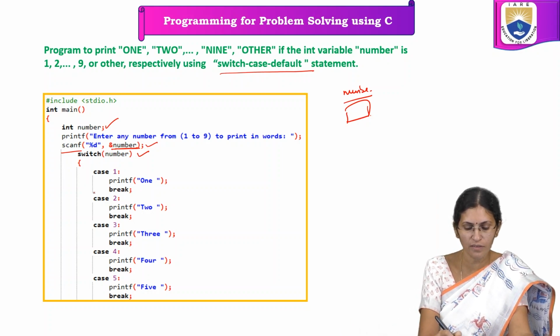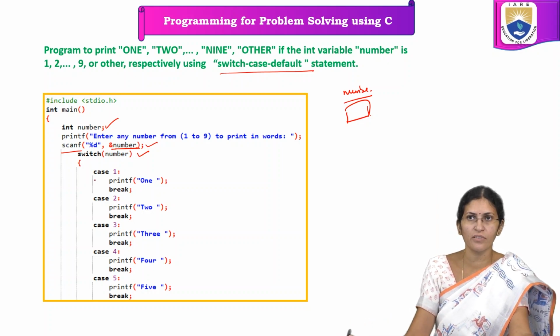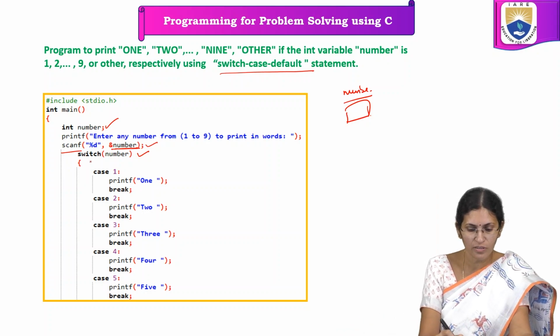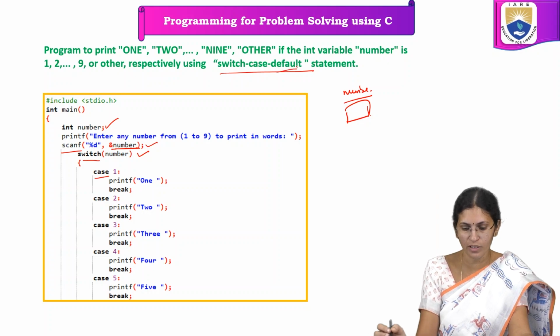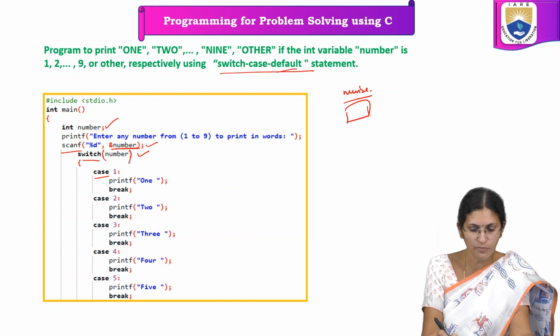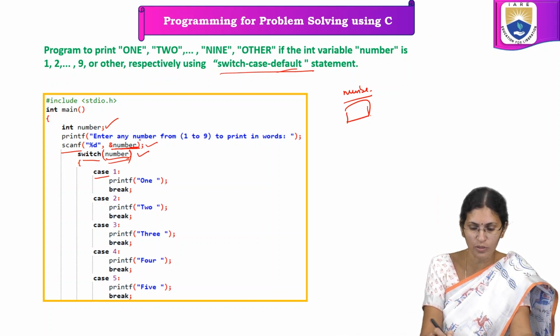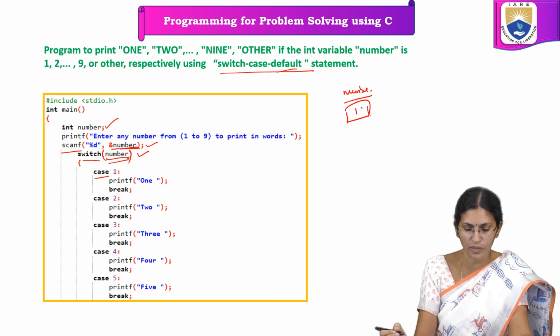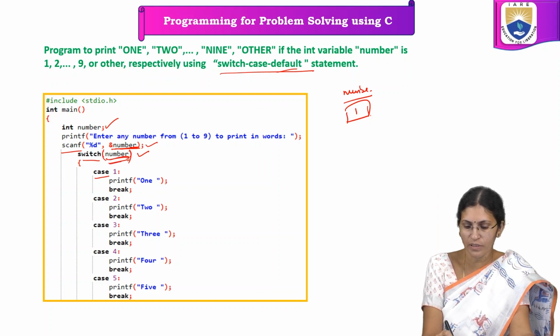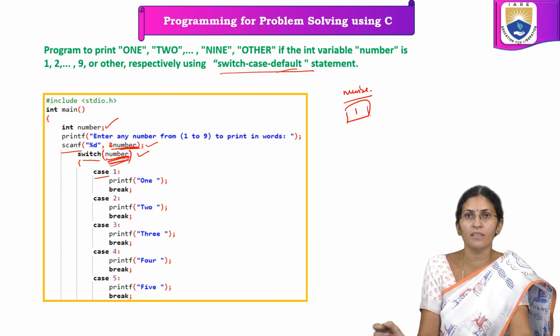This is how we can implement the switch case default statements. Switch is a keyword, case is also a keyword, and default is also a keyword. Inside this switch we need to use the number. Suppose the user enters 1, then this number is nothing but that number.